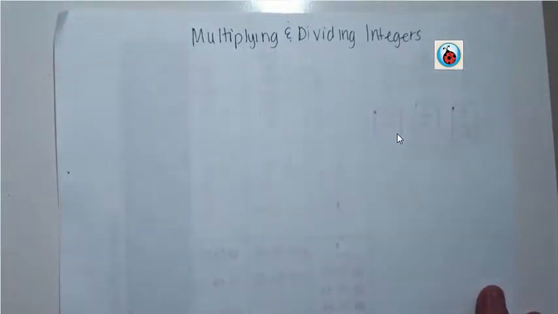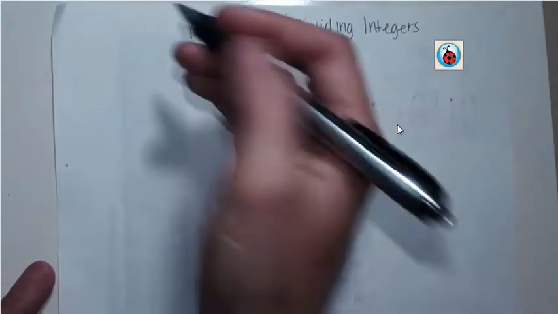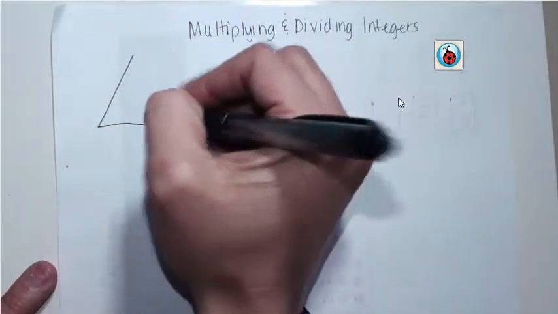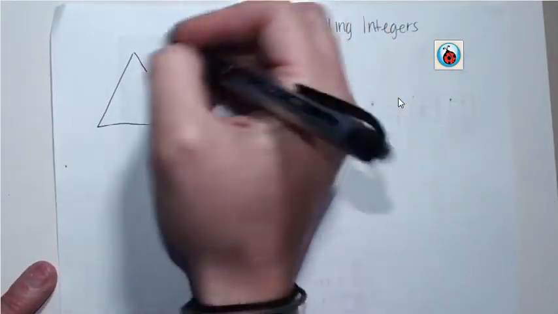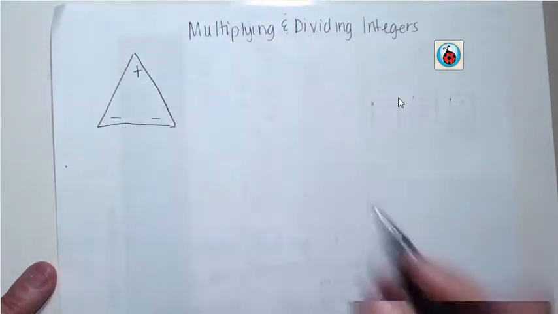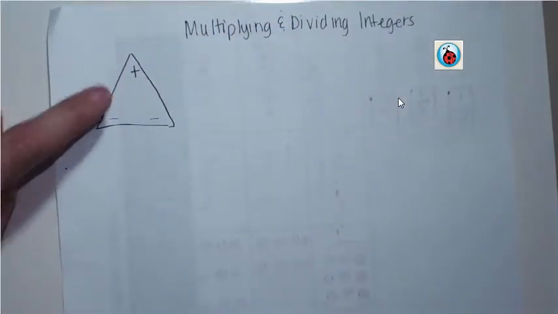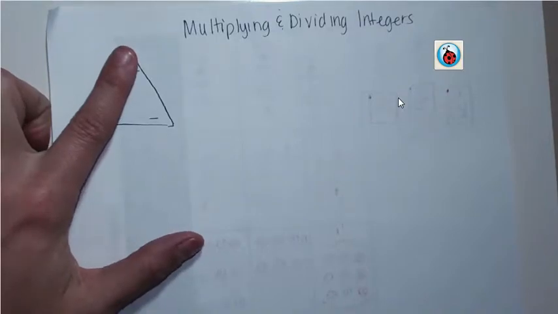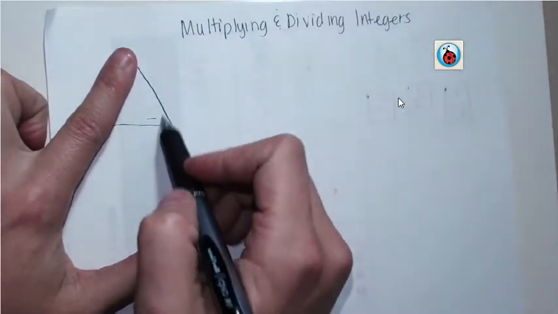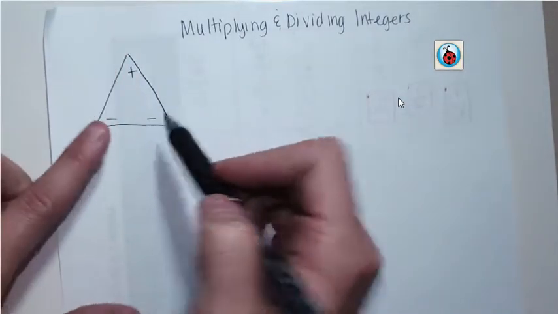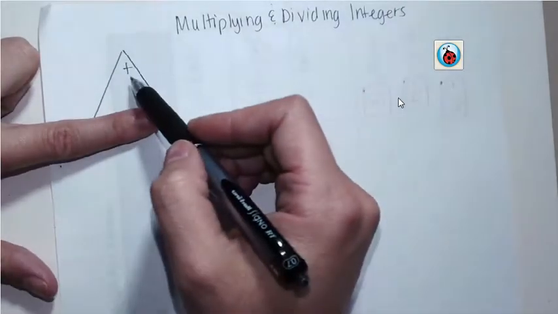You learned this little trick yesterday in class. When you multiply a positive and a negative, you cover them up, and this tells you your answer is going to be negative. When you do a negative times a negative, you get a positive.